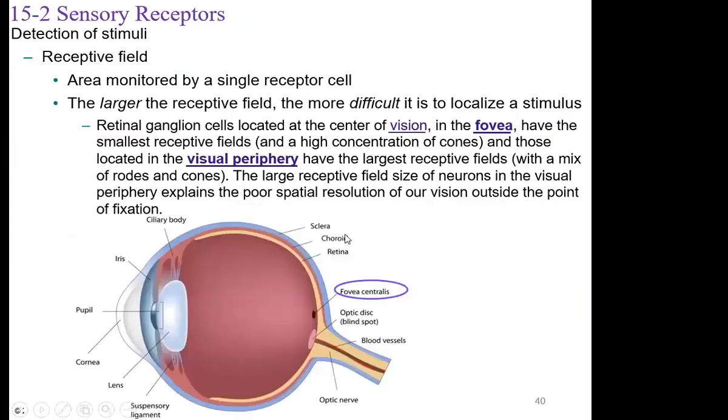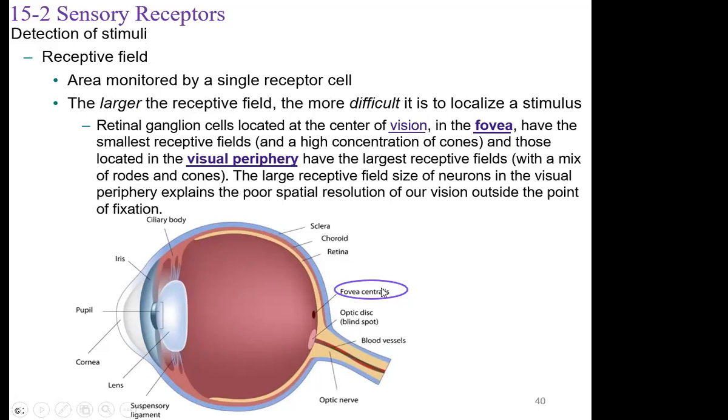All right. Now for our fields, this is the area monitored by a single receptor cell. Just one receptor cell will be monitoring a field. But the larger the field, the more difficult it is to figure out where that stimulus is coming from. So the example that I put up here is in the eye.